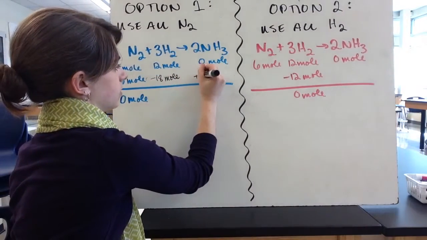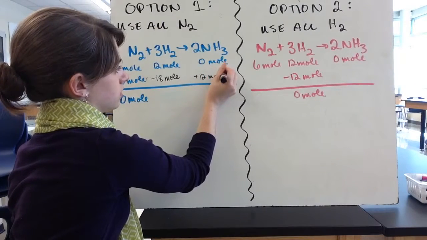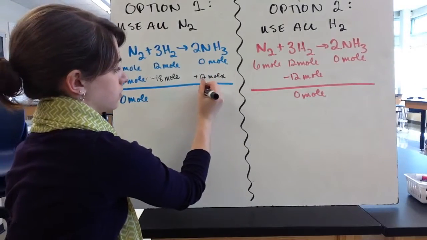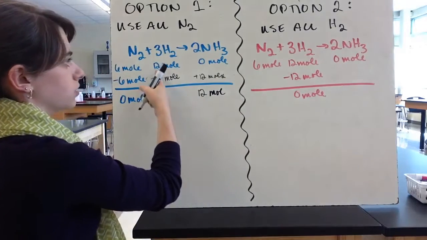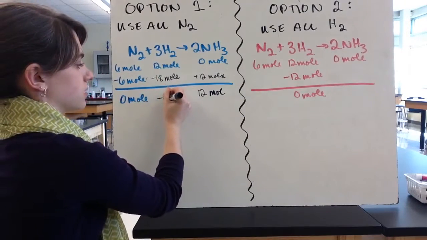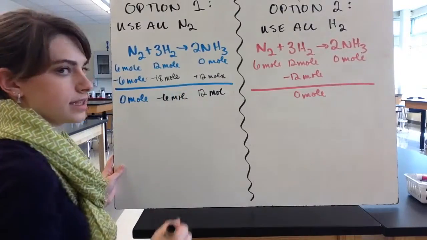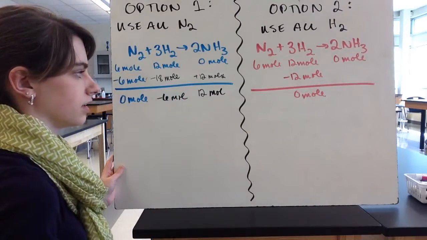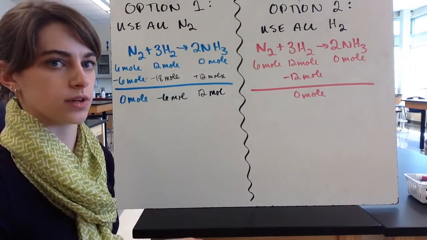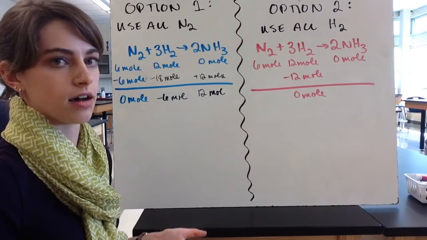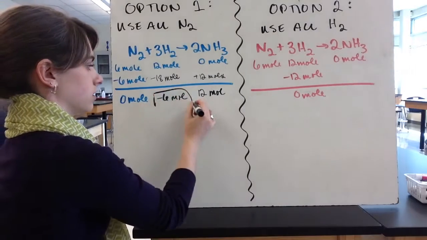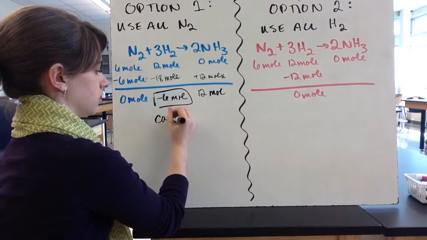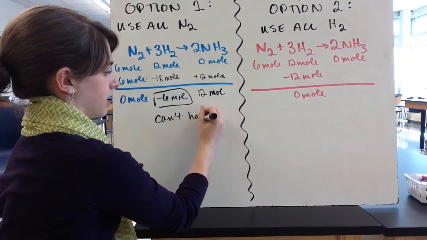So we would gain 12 moles. So our after would be 12. And 12 minus 18 gives us minus 6. Can we have minus 6 moles? Can you have minus 6 of a molecule? We have a problem here. We can't have negative amounts.